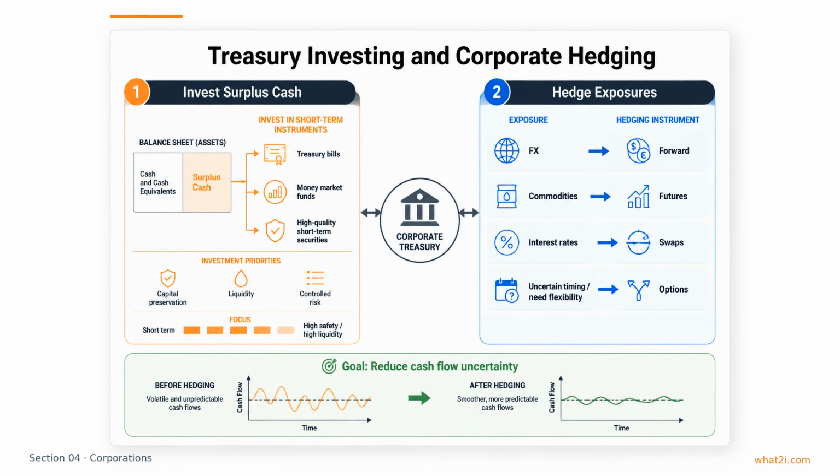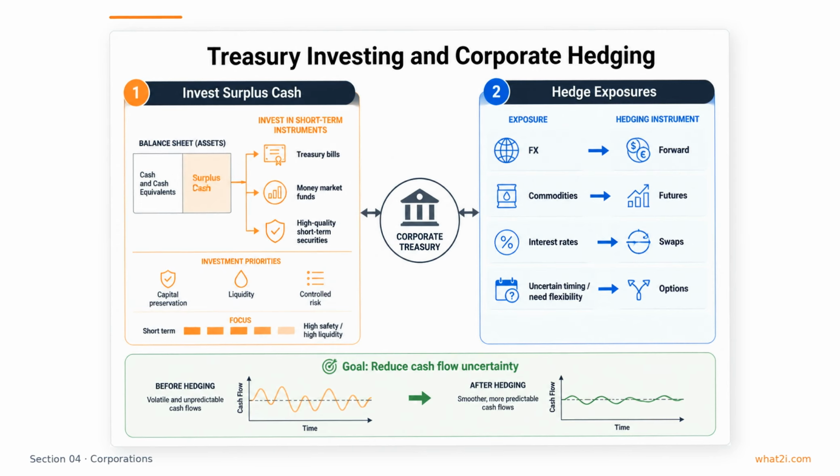At the same time, treasury teams may use derivatives such as forwards, futures, swaps, or options to hedge specific exposures. The aim is to reduce uncertainty in future cash flows, not to maximize trading profits. For example, a firm may lock in an exchange rate or convert floating debt costs into fixed ones. Good treasury management helps the business plan with more confidence.